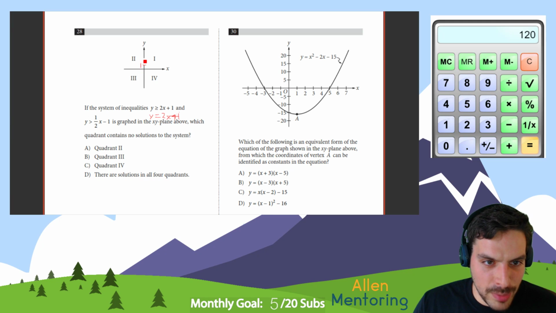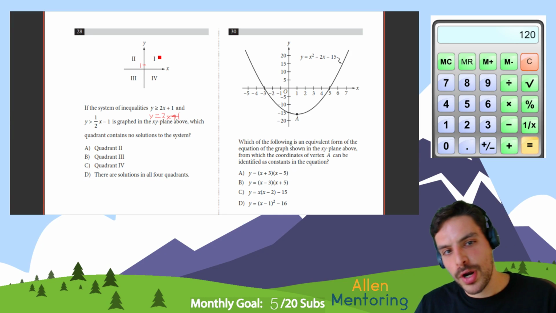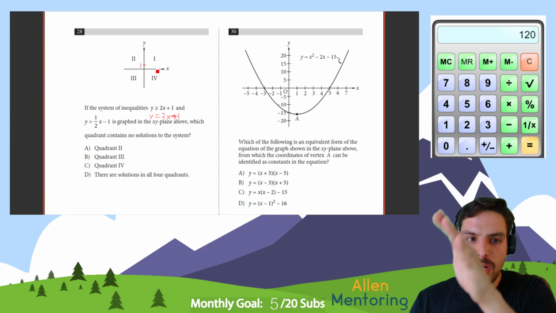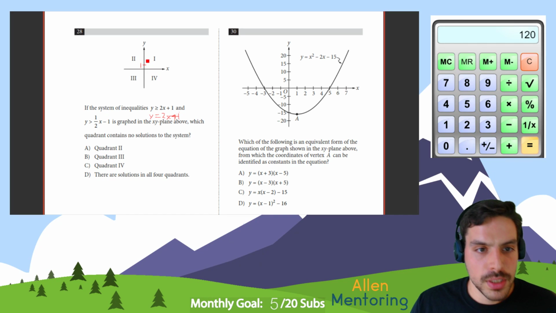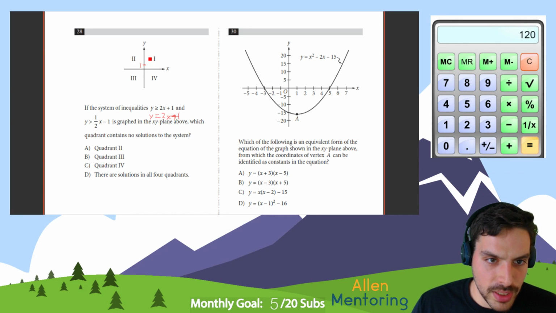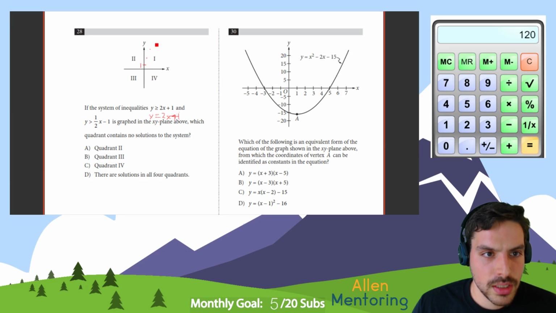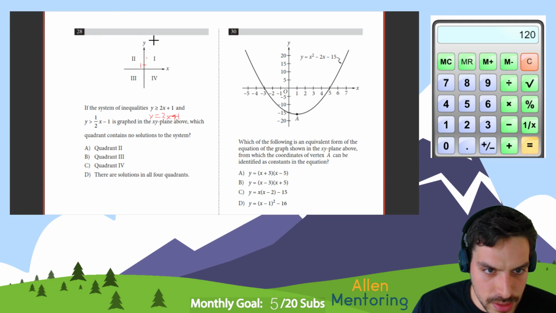That means we're going to be rising 2 and running over 1, rise over run. So the next point is going to be right here, then right there. So our line is going to look something like that.